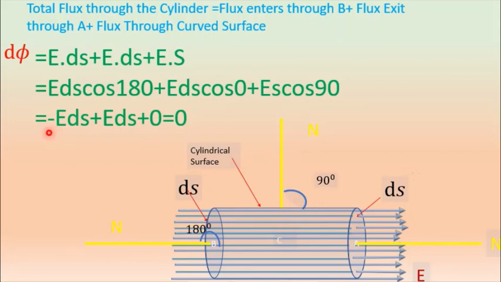That is equal to minus E ds plus E ds plus 0 is equal to 0. This means the total flux through a cylindrical surface which is placed in a uniform electric field is 0.